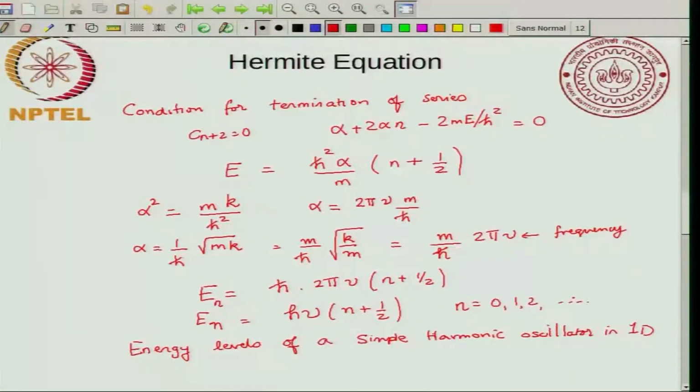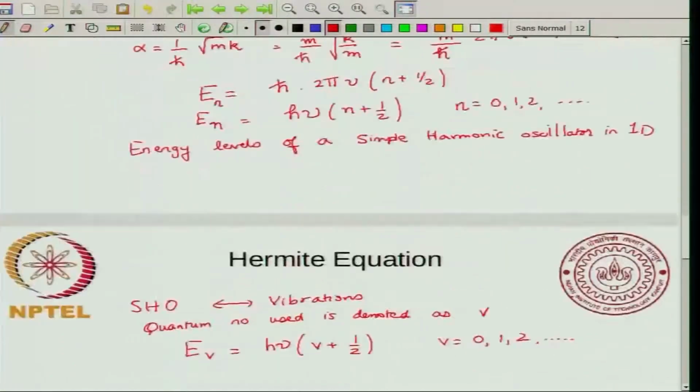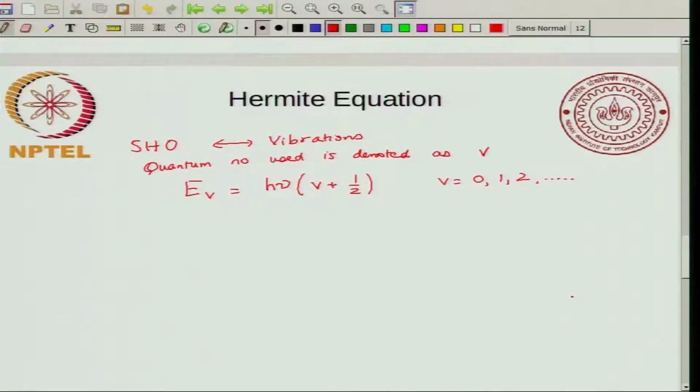This was the condition for termination of the series that gave you this condition for energy. It gave you quantization of energy levels of a harmonic oscillator.